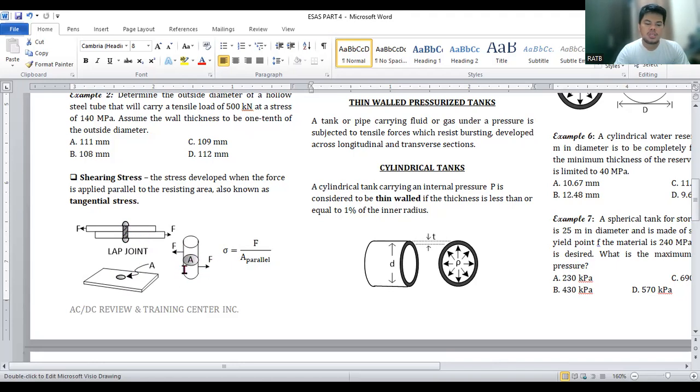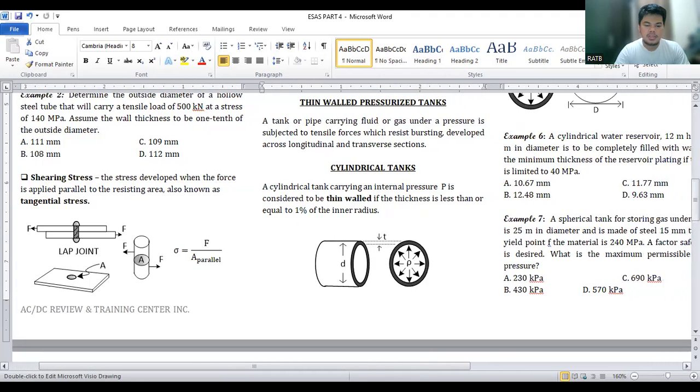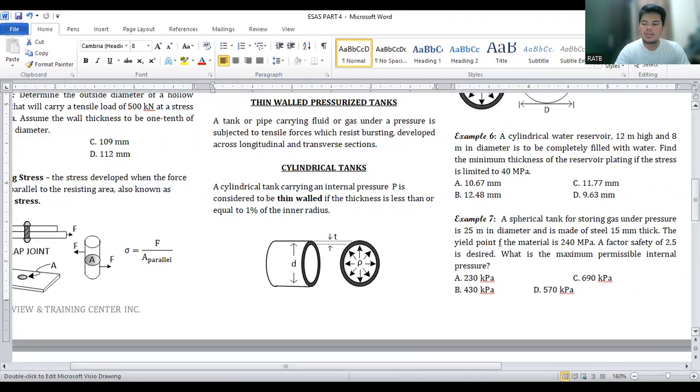So we consider the circular cross-sectional area of the lap joint. Okay, so that is for the shearing stress.